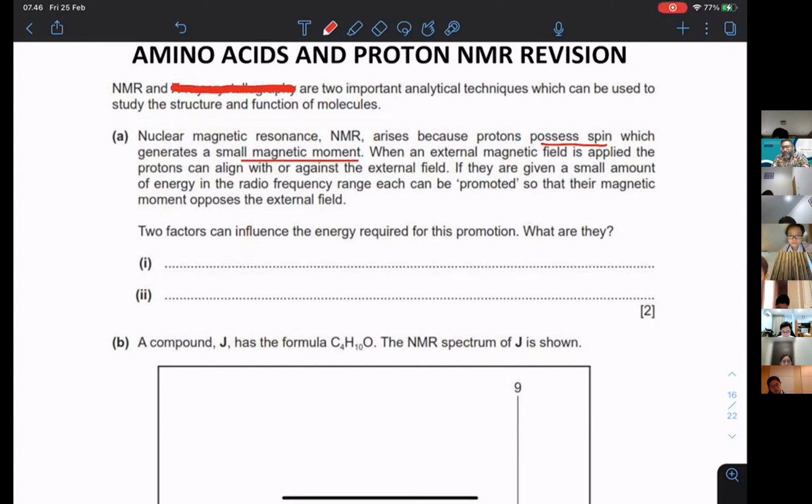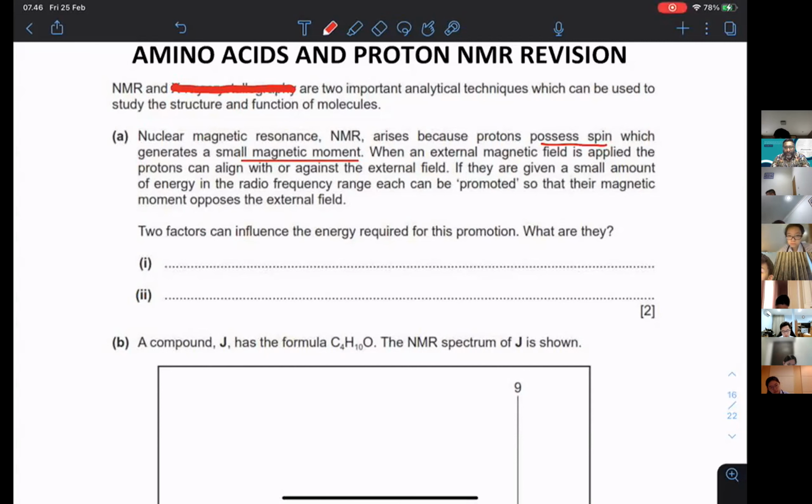Now, if you remember, there was one question asking you how NMR works. The answer for that can be found in this explanation. So next time when they ask you a similar question, I think it is better to use this. Because protons possess spin that generates a small magnetic moment, that is something you want to remember.